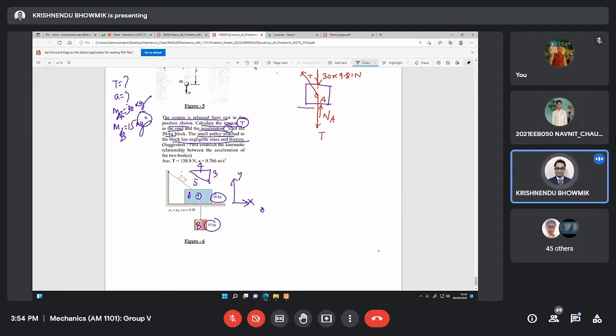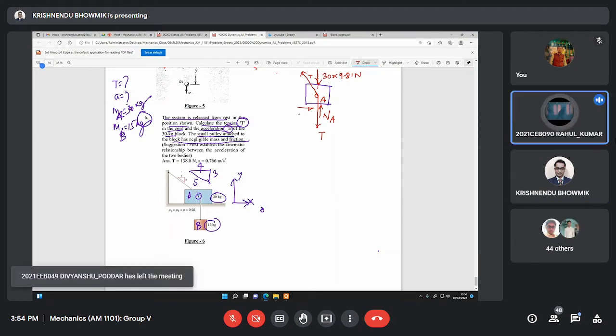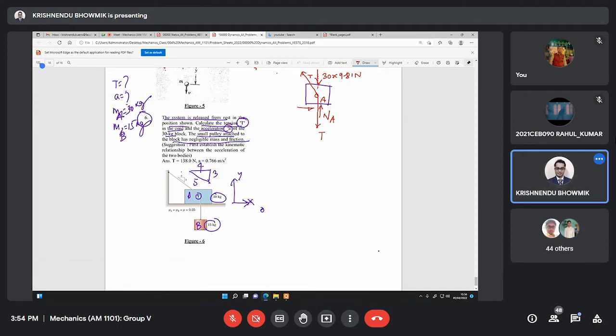So it is mu K or mu S. Static or dynamic problem? It is moving. Mu K. So I am writing here FK, this FK equal to mu K multiplied by NA.